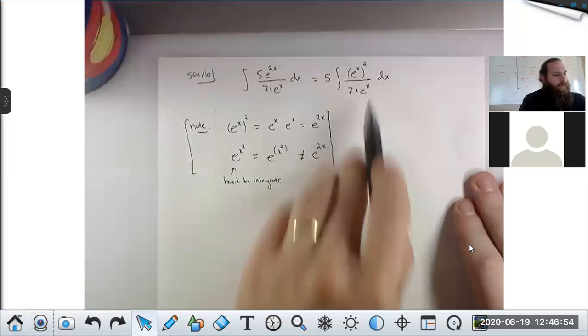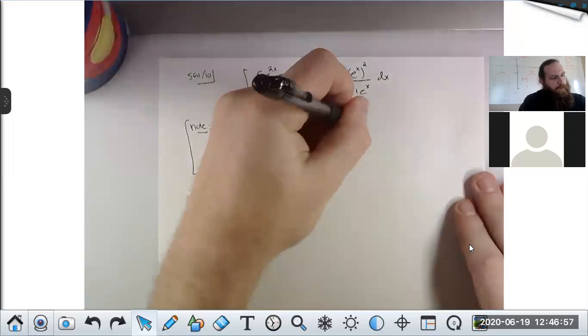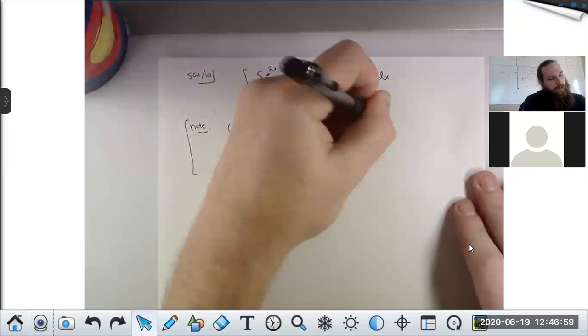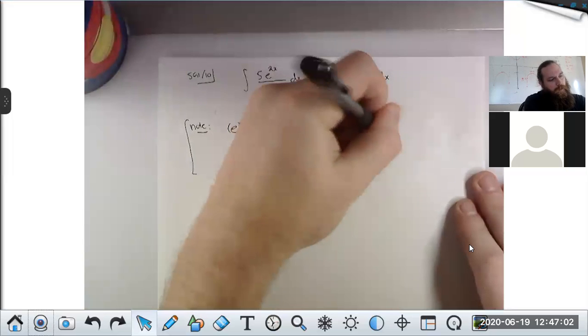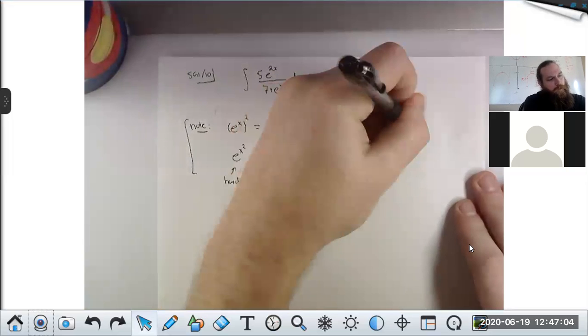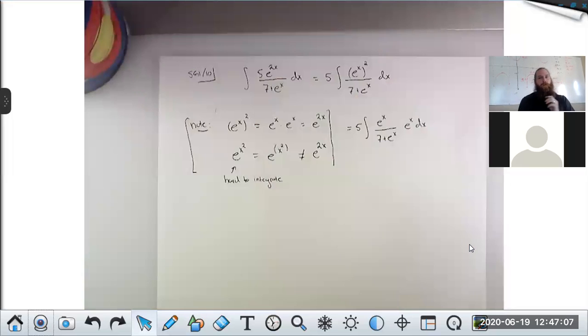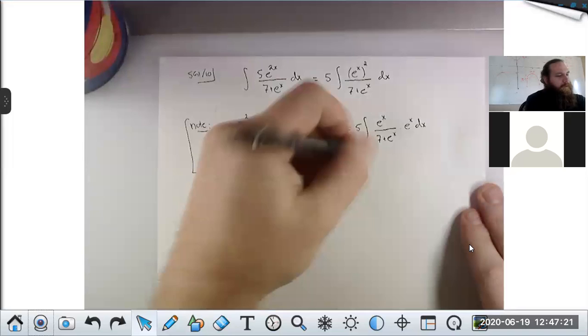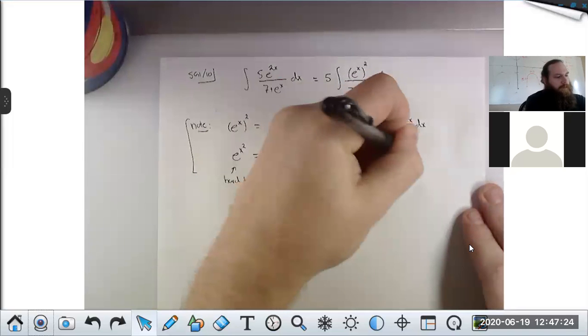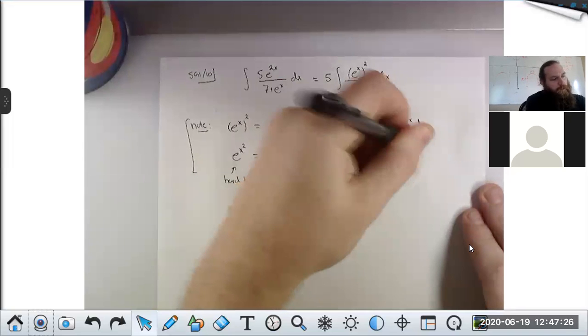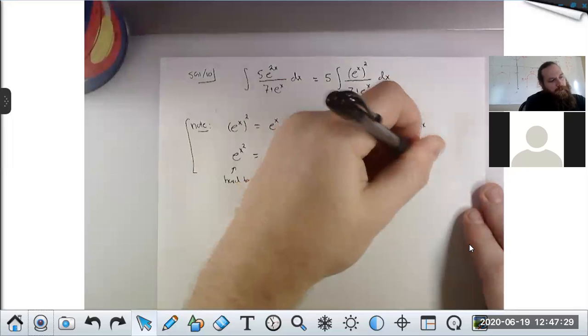From here, I think we should be able to see what the move is. If I write it as this, then the natural move is to sub for e to the x. You could also sub for the denominator. But what feels more natural to me is letting z be e to the x, dz is then e to the x dx.